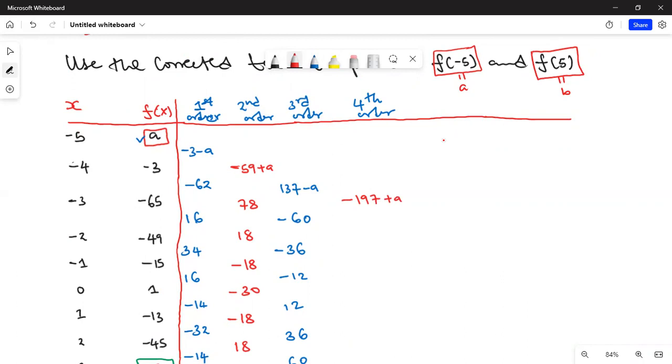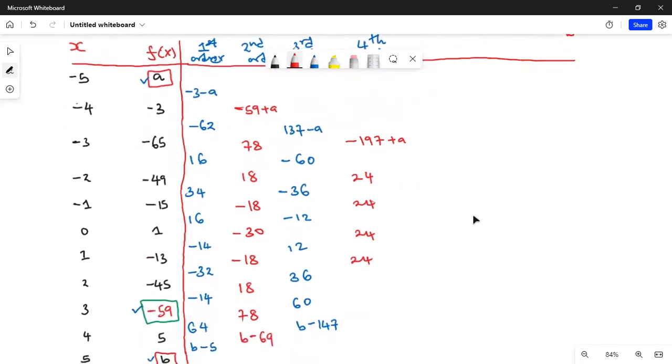What about -36 minus -60? So what are we going to get? That should give us +24. Similarly, negative 12 minus negative 36, that is 24. 12 minus negative 12 is 24. 36 minus 12 is 24.